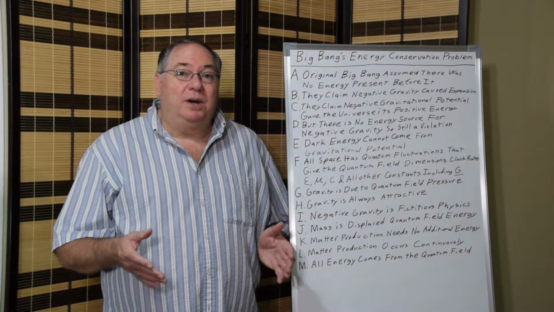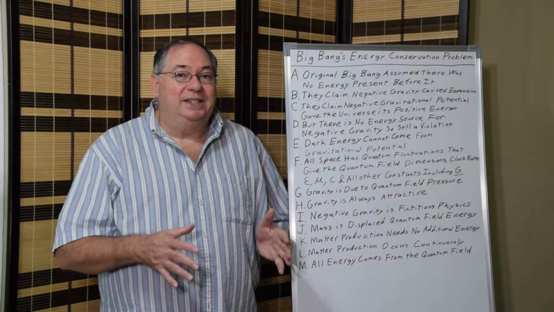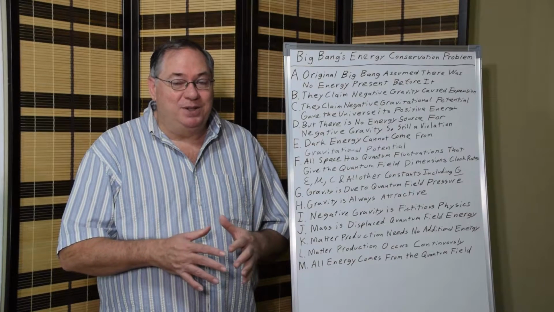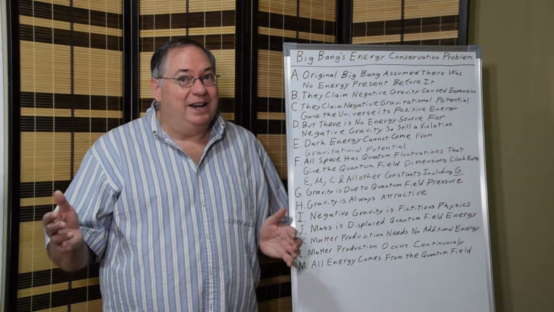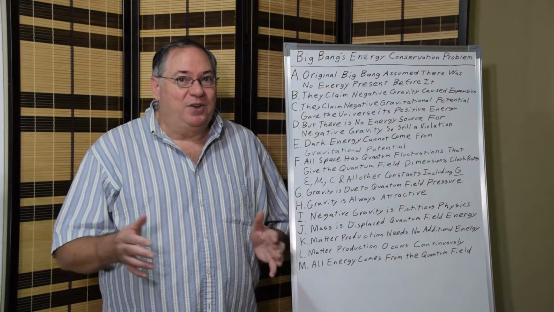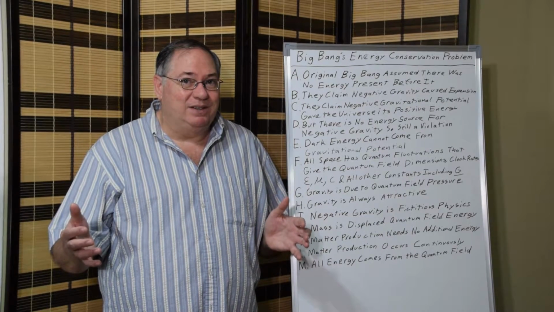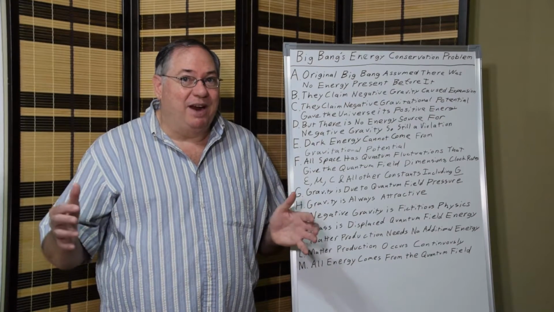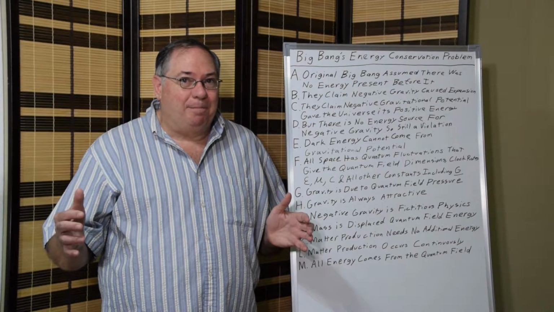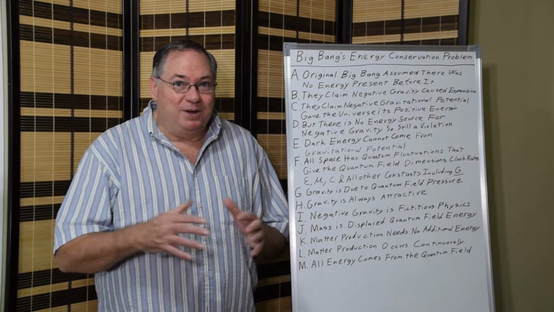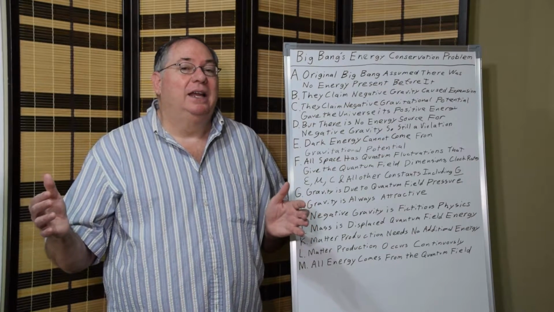But it falls apart because you need energy to have this negative gravity that pushes everything apart. You need lots of energy. So they steal this energy from this fictitious positive energy, positive gravity idea, or negative gravity idea that works in the wrong direction.